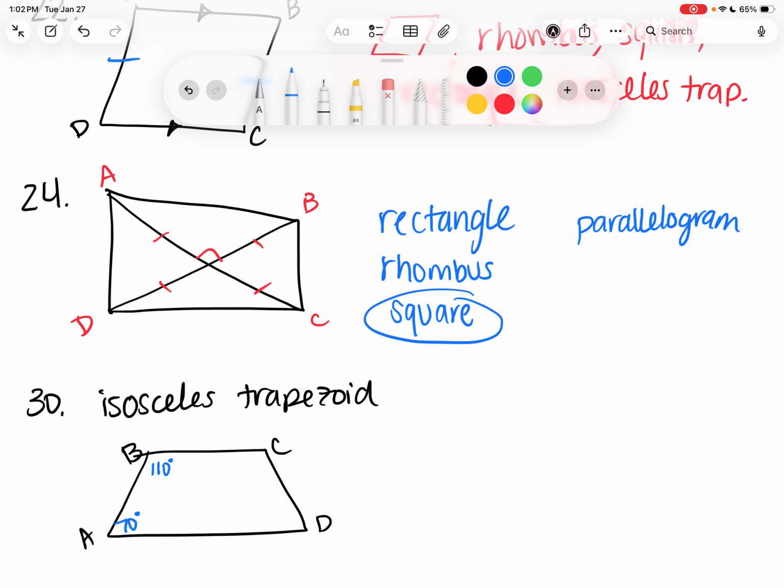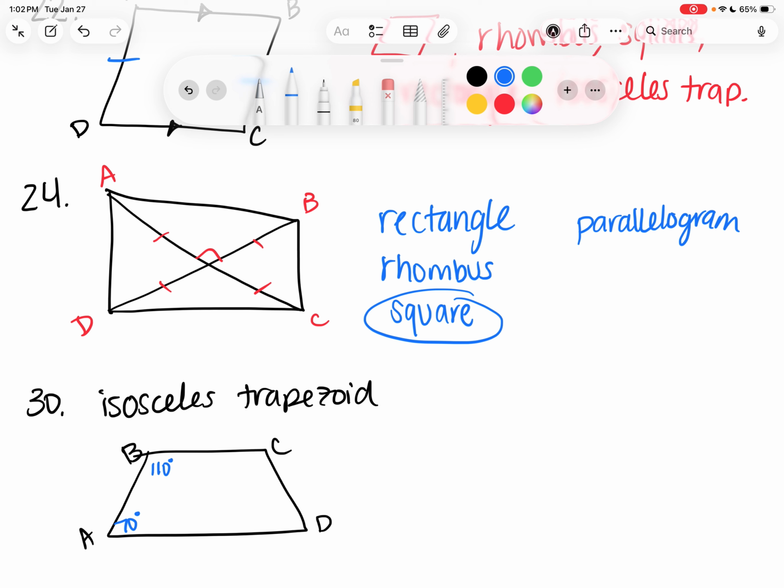So what would we have to know about either, with the given information, the sides or the angles to show that this is an isosceles trapezoid?